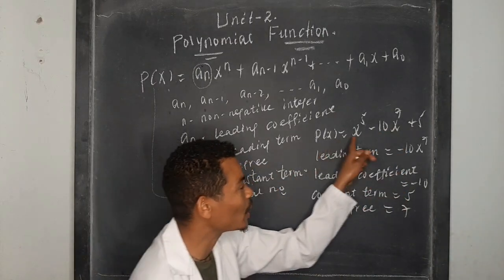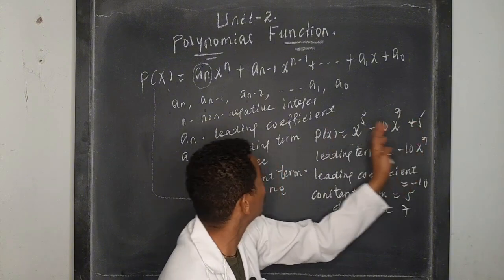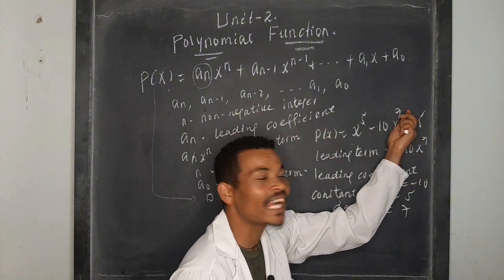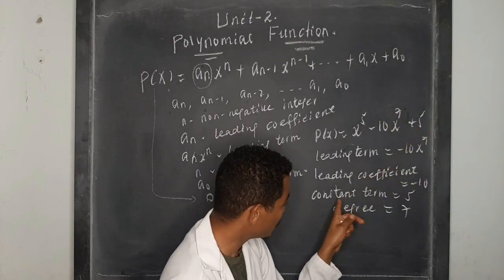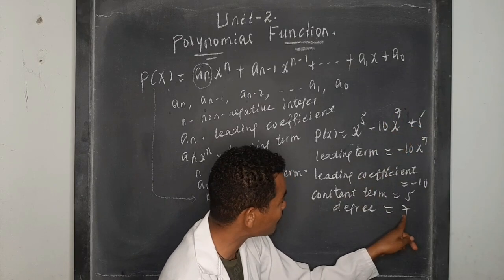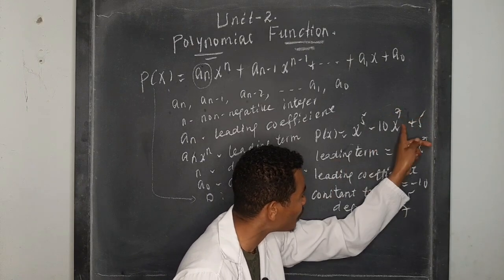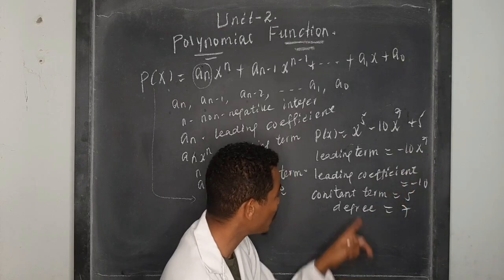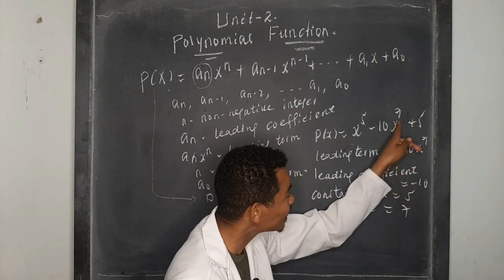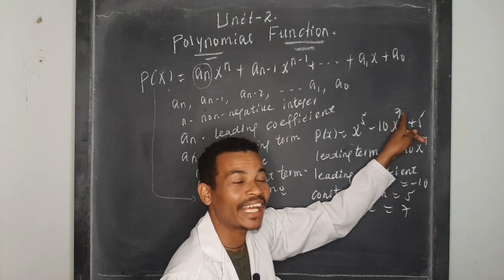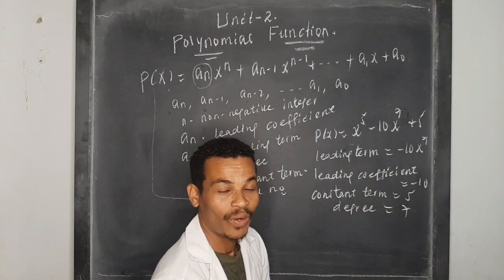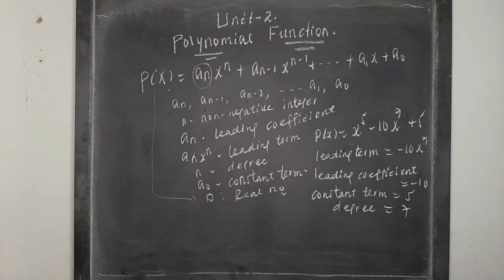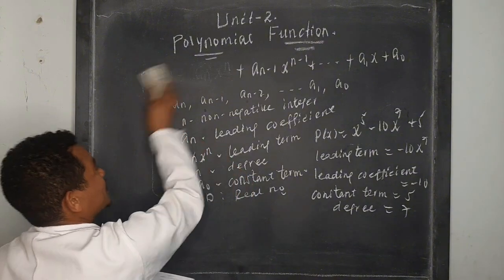In the given polynomial we look at the term with the highest degree, -10x^7, so the degree is 7, the leading term is -10x^7, and the leading coefficient, the coefficient of x^7, is -10. Based on this, let's do an exercise.